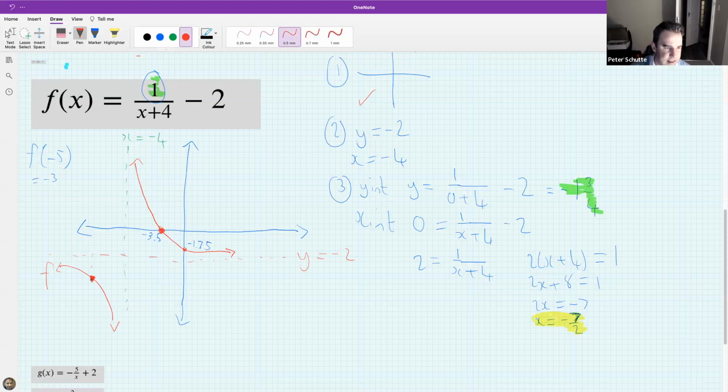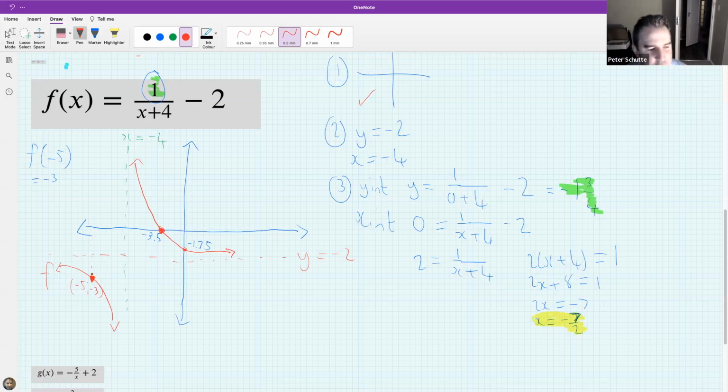So if you wanted to label another point on this graph, all I did was put minus 5 in here and I got out minus 3. And so I can always label this point minus 5, minus 3. And you could get any point you like by just subbing it into the equation. And then you can label another point if you need to.